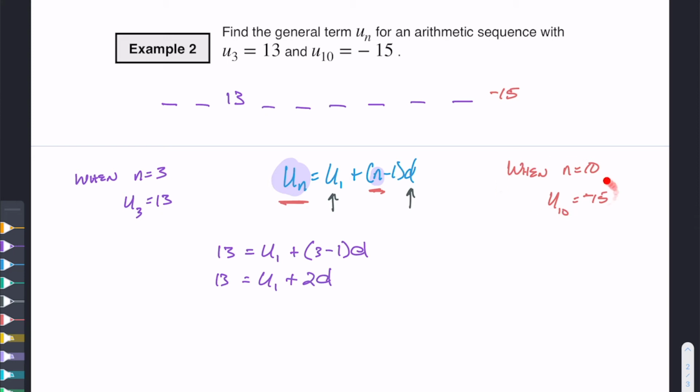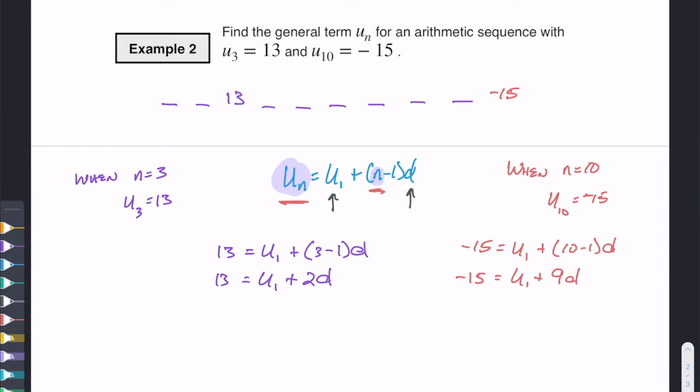Over here, when I look at the red one, I've got negative 15 equals u of 1 plus 10 minus 1 times d, or negative 15 is equal to u of 1 plus 9d. Now for me, this is a pretty straightforward system of equations. Here's my 2 unknowns right there, and my 2 equations that are representing the same thing.